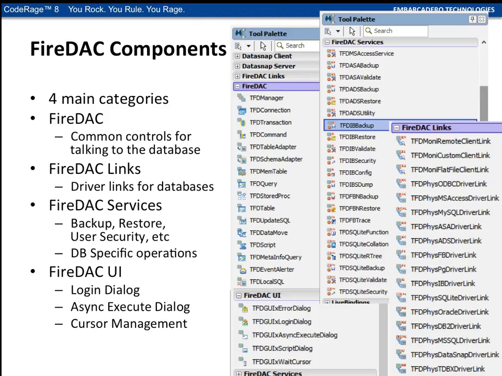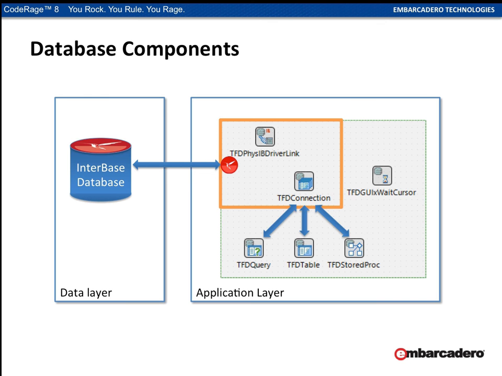Now, there's 4 main sets of components that FireDAC ship with. There's the FireDAC section under the component palette, the tool palette, and this contains what you use to talk to the database in terms of this level here.